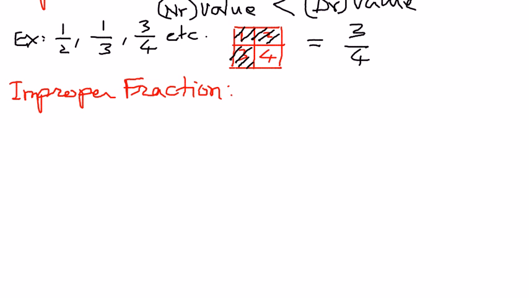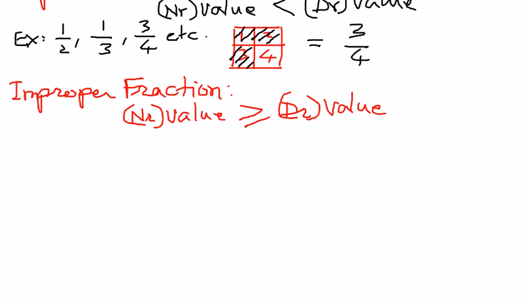So that is the definition of that. The numerator value is greater than or equal to the denominator value. So the way we can understand this with an example is as follows.